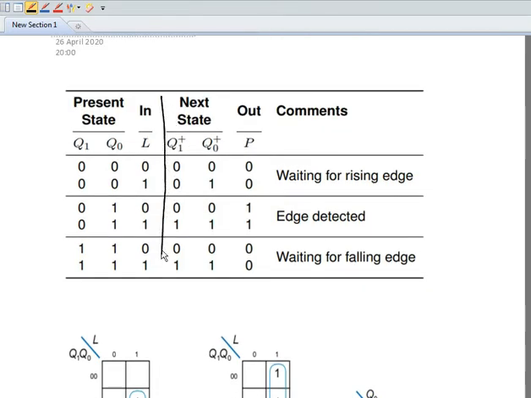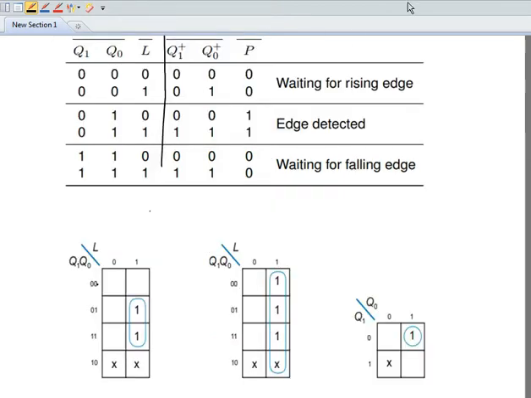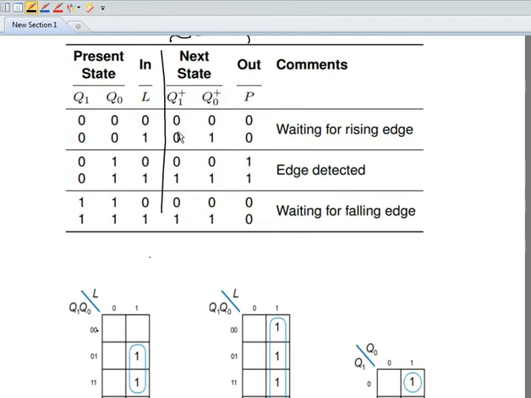So let me draw a line here. So this is the output, right? You have to derive this equation. So let's look at your Q1 first. Notice that Q1 is only equal to 1 when Q1, Q0 is 1. So Q1 plus equals 1 when these are the inputs, right?